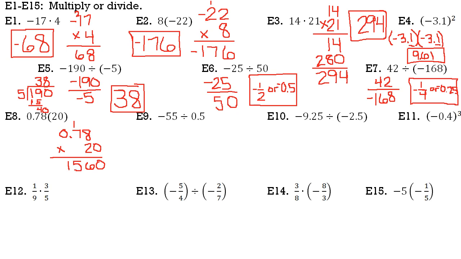Since my initial problem had 2 numbers to the right of the decimal, my final answer will be the same, so I'm going to put it between the 5 and the 6. It turns out 0.78 times 20 is 15.6. Now that trick about bringing the 0 down, it's basically me saying, hey, I'm going to multiply by 10, which means I get to throw an extra 0 in there.